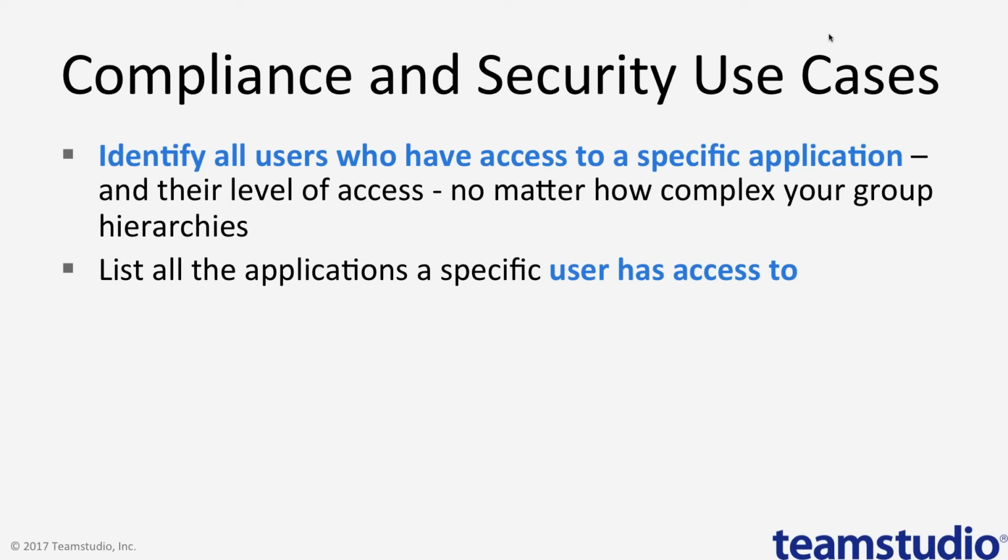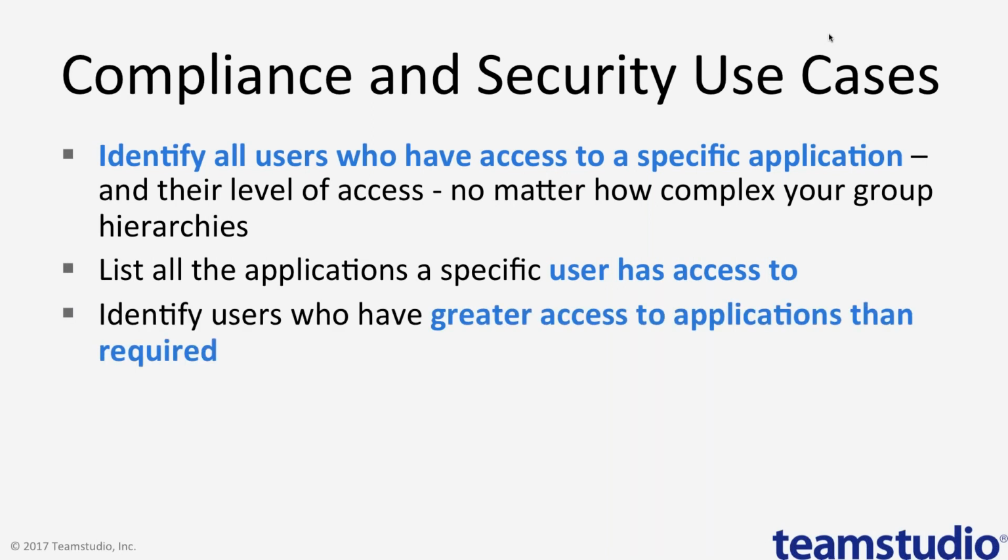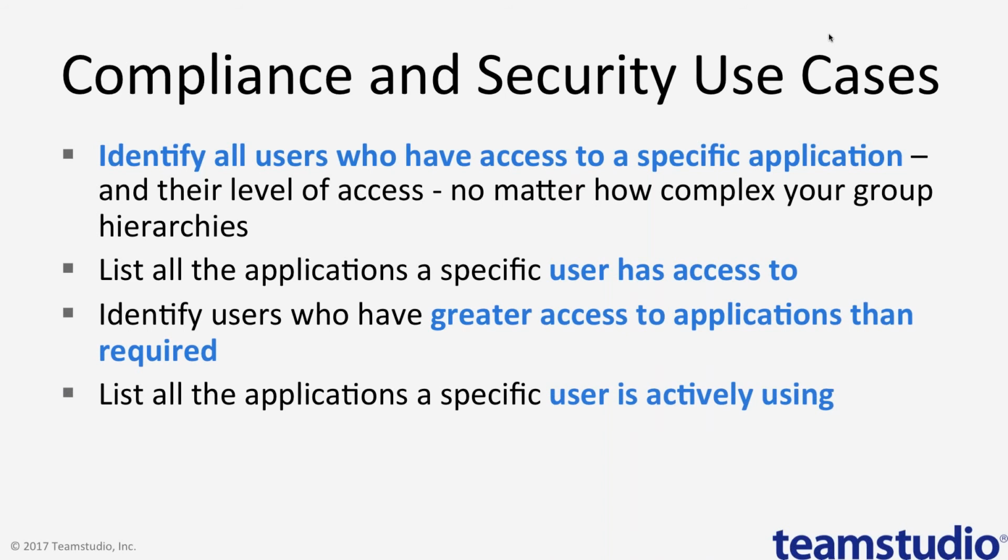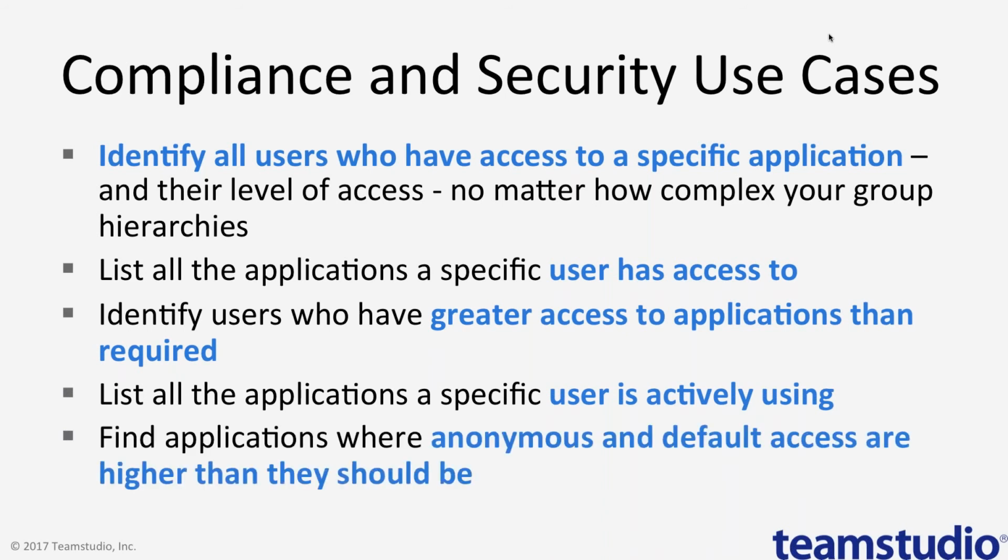So just to reiterate what I talked about earlier, a list of all the applications the user has access to. In terms of security and ACLs, there can be situations where users may have access that is greater than what might be required, the applications that a user is actively using, but also applications where anonymous and default access are potentially set higher than they should be.